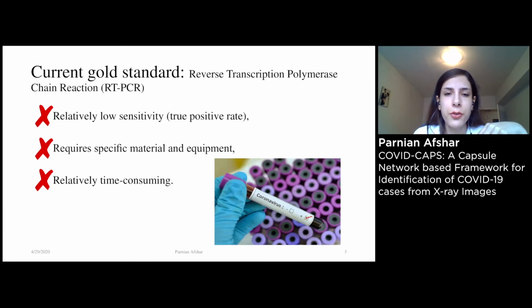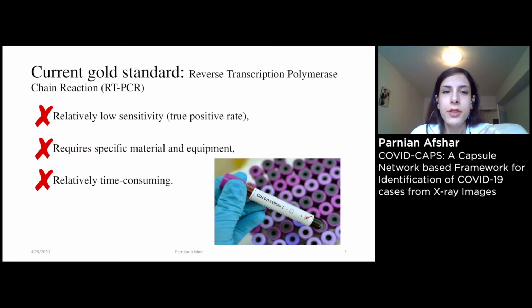It also requires some specific material and equipment. So there are countries that are having difficulty having access to RT-PCR kits to diagnose COVID-19 cases. And it's also relatively time consuming, which is not desirable because we want to detect coronavirus as soon as possible, and we want to isolate patients and stop spreading this disease.